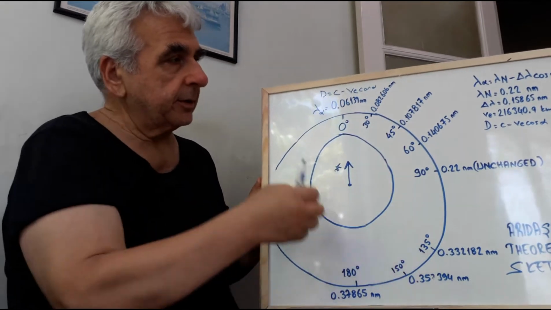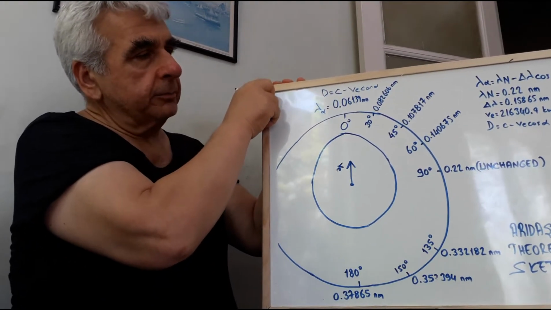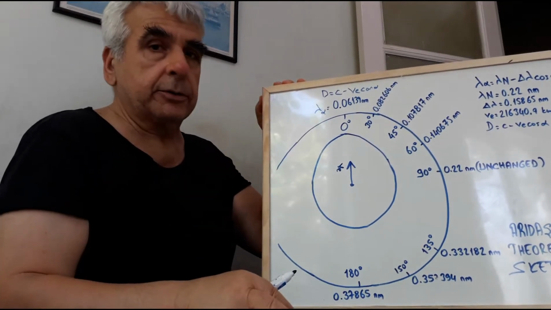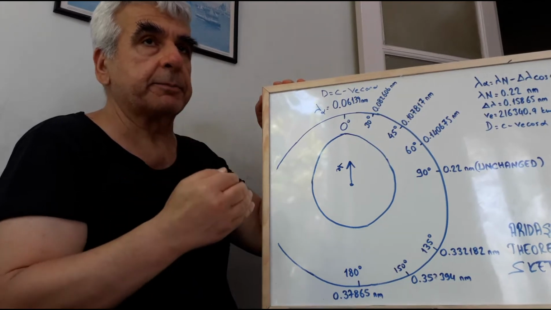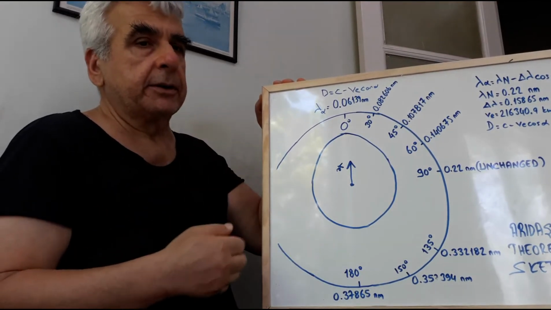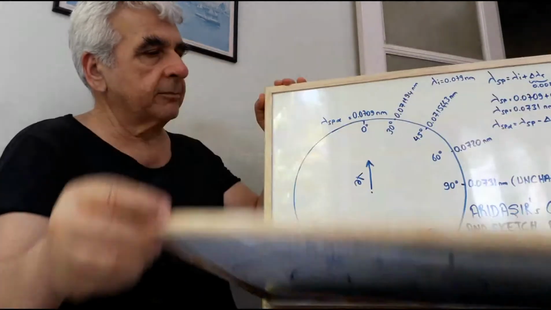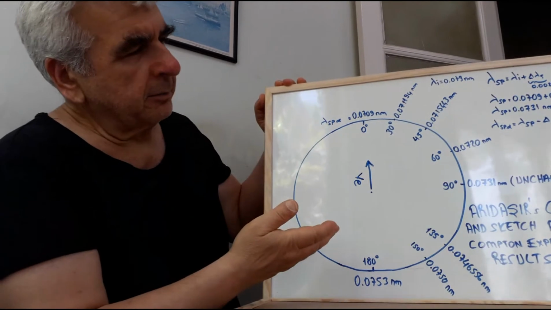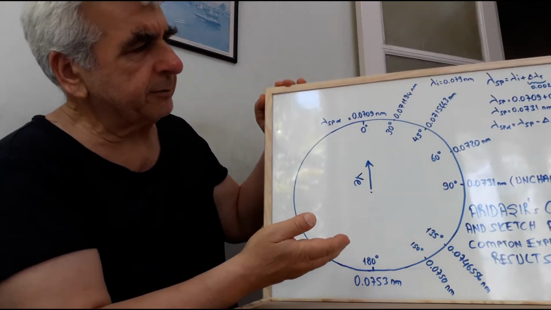Here, this is the scale. Now, I tried to make you see the parallelism between the Compton experiment results and my theoretical computations and sketch. My comment and sketch about the Compton experiment's results.